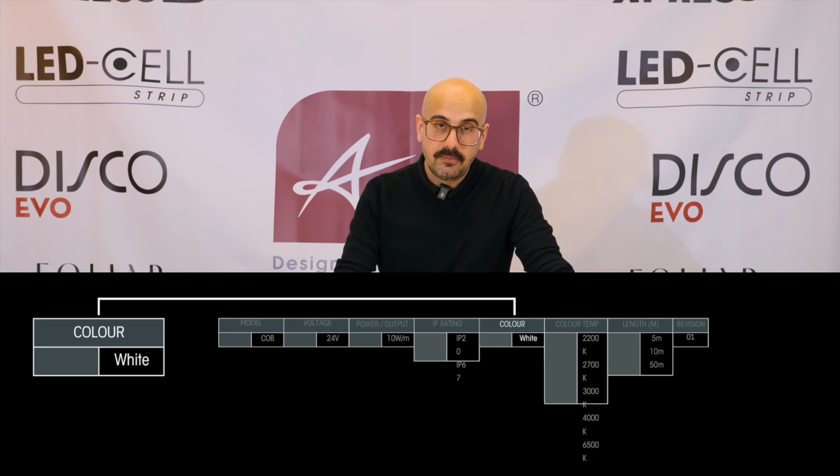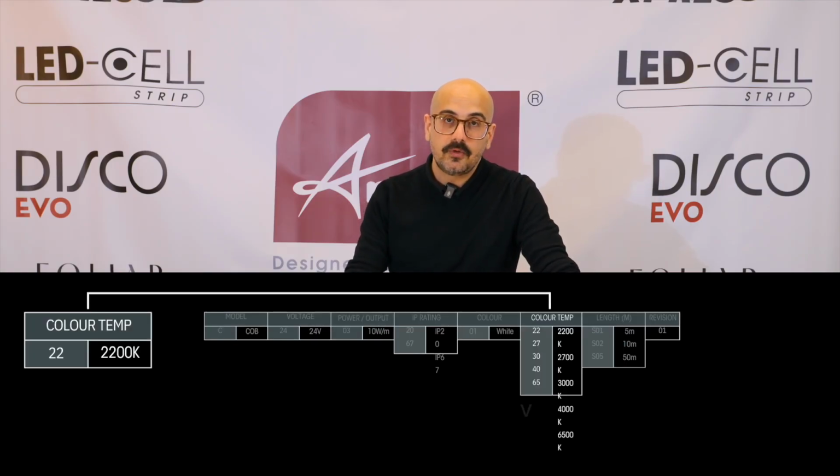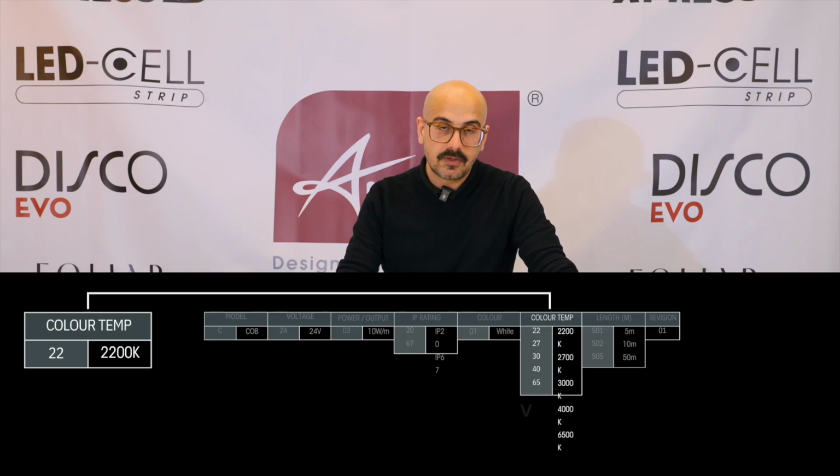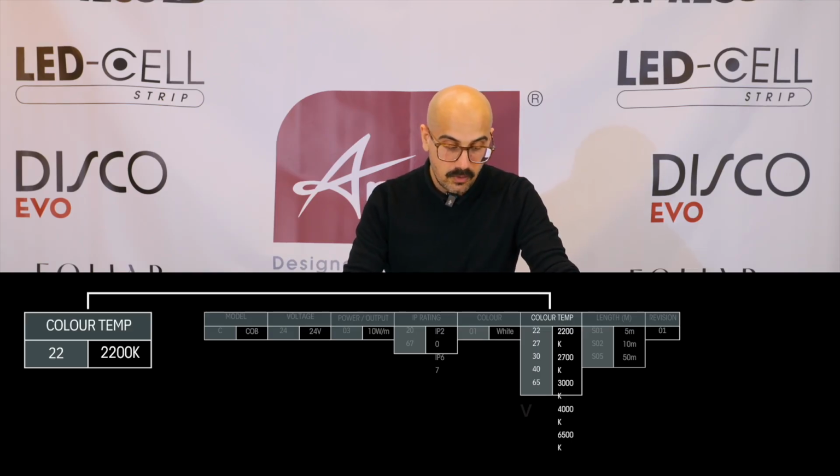RGBW is identified by the numbers 04, again /04 to build the code. Then, because it's RGBW, you have to select the color temperature of that particular white cell. In this case, we're going to choose 3000K because it's a warm white and it's a residential application. So /30, the first 2 numbers of the CCT, build the code.